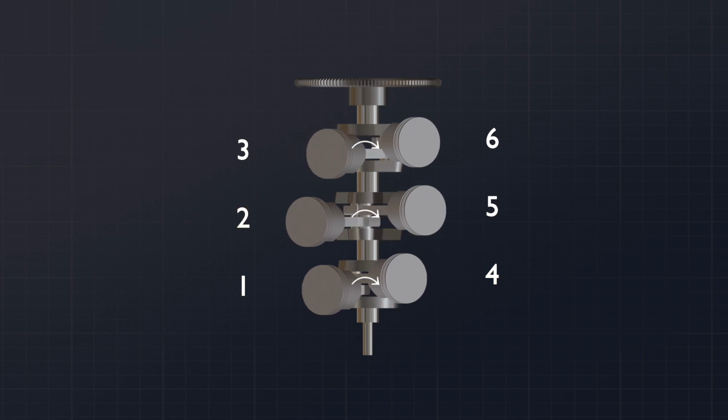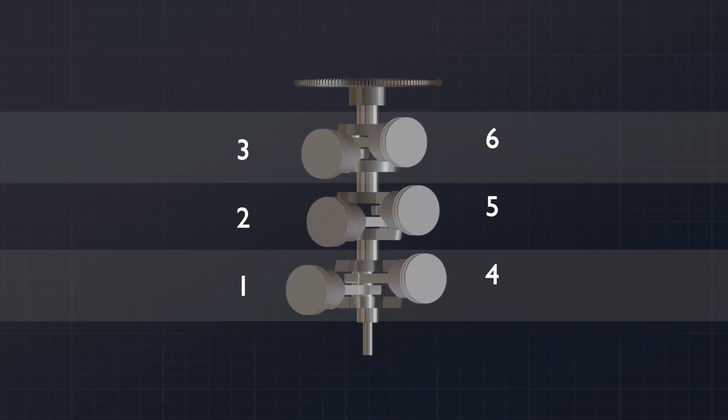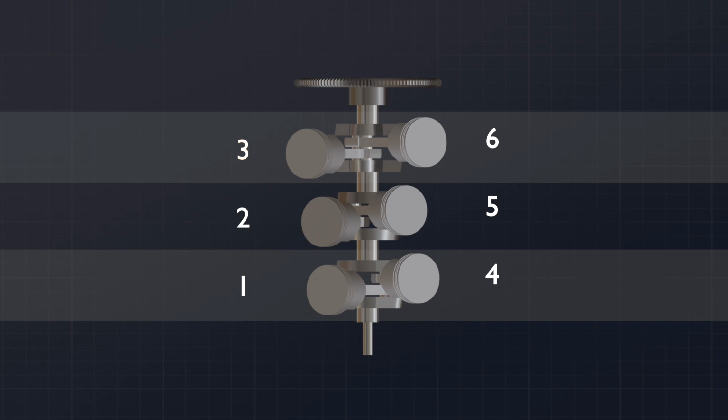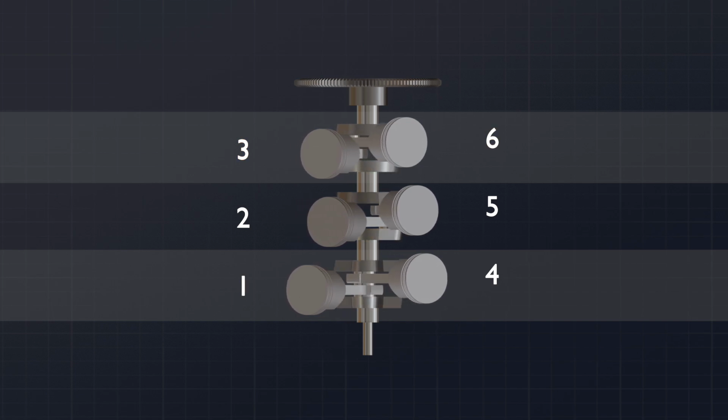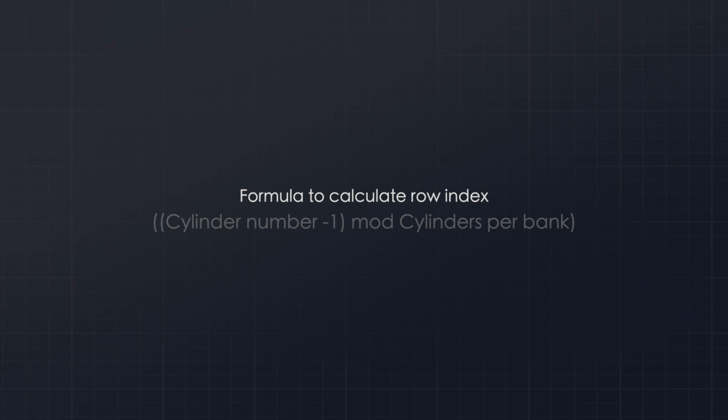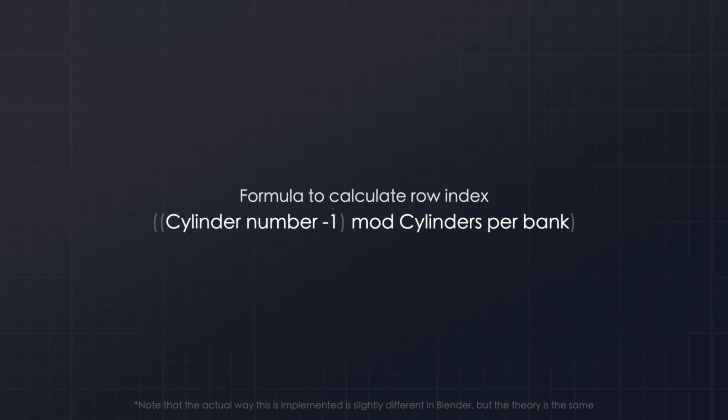We need to figure out which row each cylinder is in, and I call this the row index. It's a number that defines the position a cylinder is from the front, and we can calculate it with this formula. So the row index equals the cylinder number minus 1, and then we do modulus cylinders per bank.